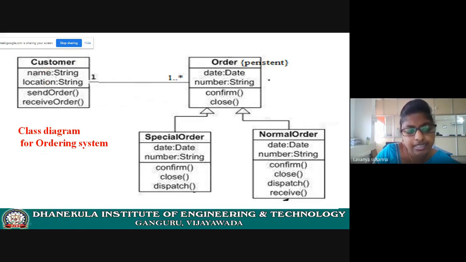Next, see the operations. First, you need to know what customer will do. What will customer do? He will place the order, right? Place order. Next, after placing order, he will get some order details, right? Order view.